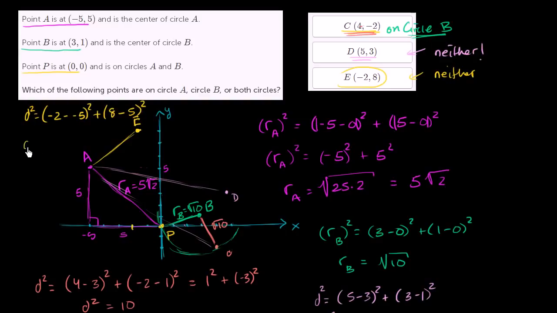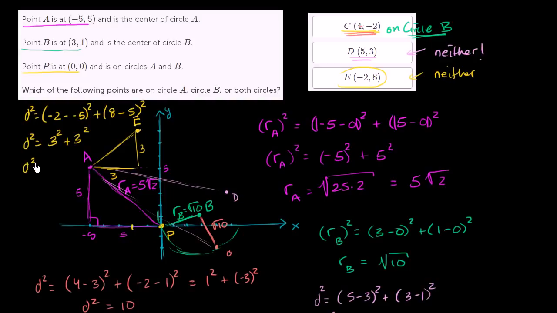Negative 2 minus negative 5 is negative 2 plus 5. So that's going to be 3 squared plus 3 squared. And you see that right over here, Pythagorean theorem. This distance right over here, your change in x, is 3. Change in y is 3. 3 squared plus 3 squared is going to be the distance squared, the hypotenuse squared.